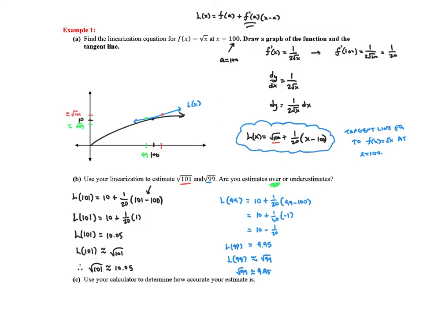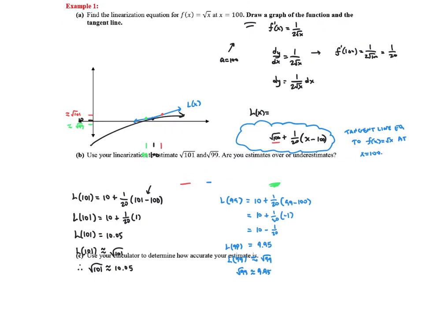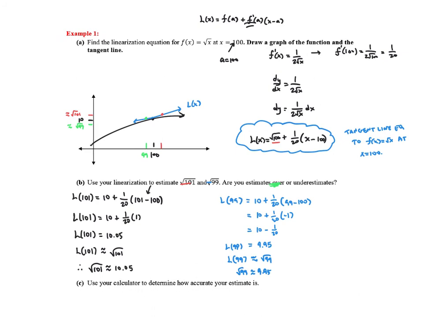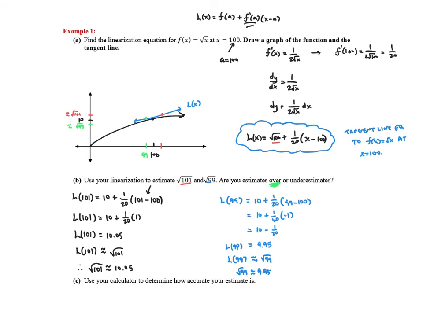Let's look at calculating this using our device, using our calculator to see how accurate our estimate actually is. The square root of 101, using the calculator, comes out to be 10.04987.